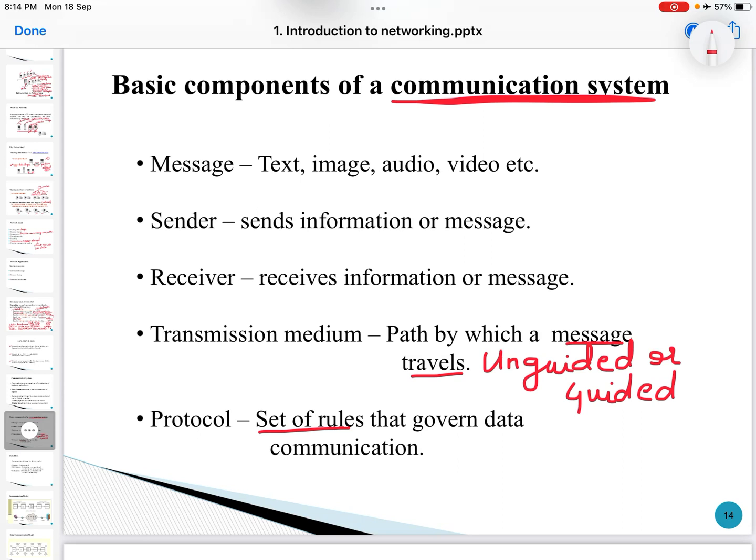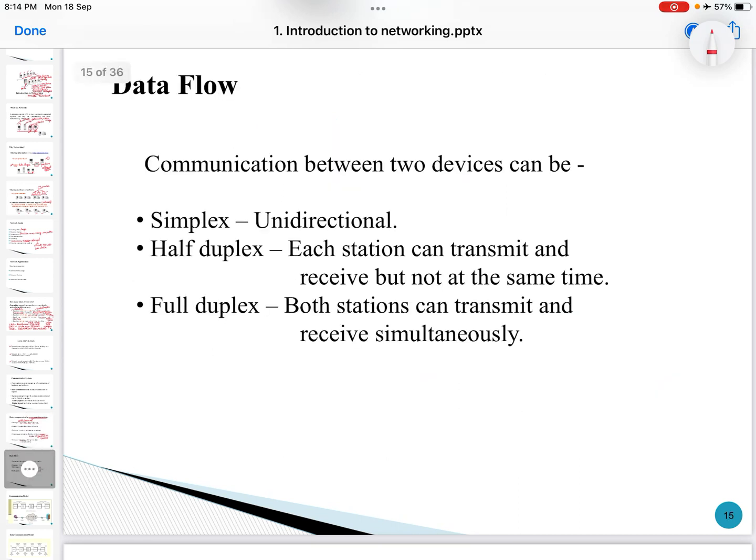Those rules of data communication are called protocol. Transmission media is the path. The receiver will receive the message, the sender will send the message. The message can be in the form of text, image, audio, video, etc.